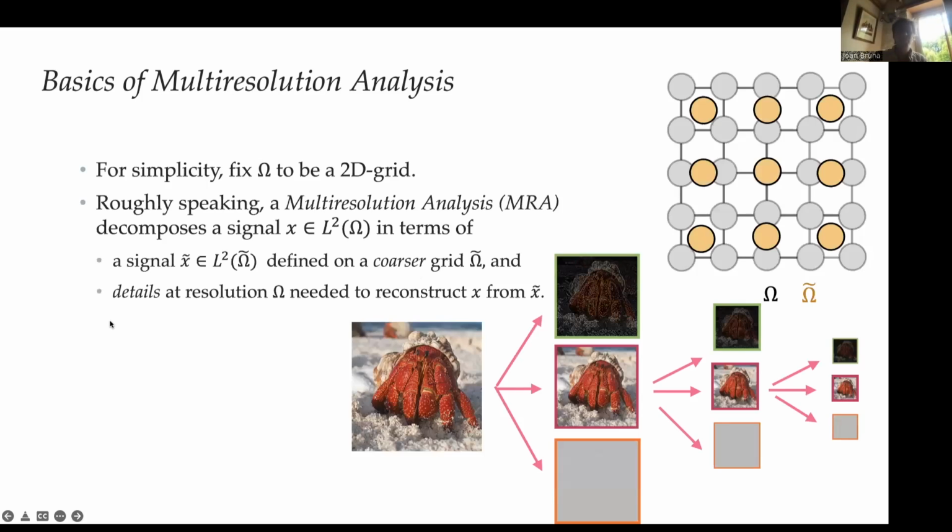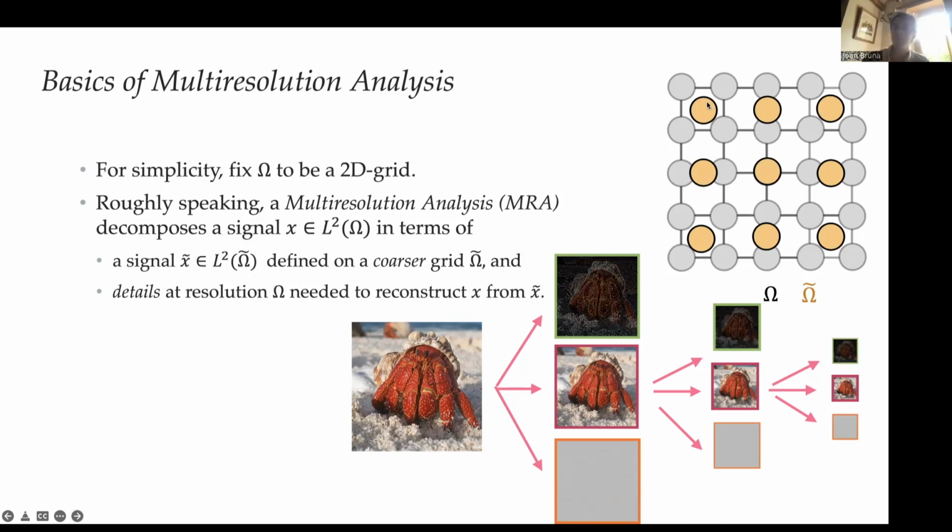So this is actually instantiated mathematically in what we call a multi-resolution analysis. So what is a multi-resolution analysis? Broadly speaking, it's a process by which you take any signal, like any image, a signal that lives in this two-dimensional grid, and we can decompose it into a signal that lives in a coarser resolution.